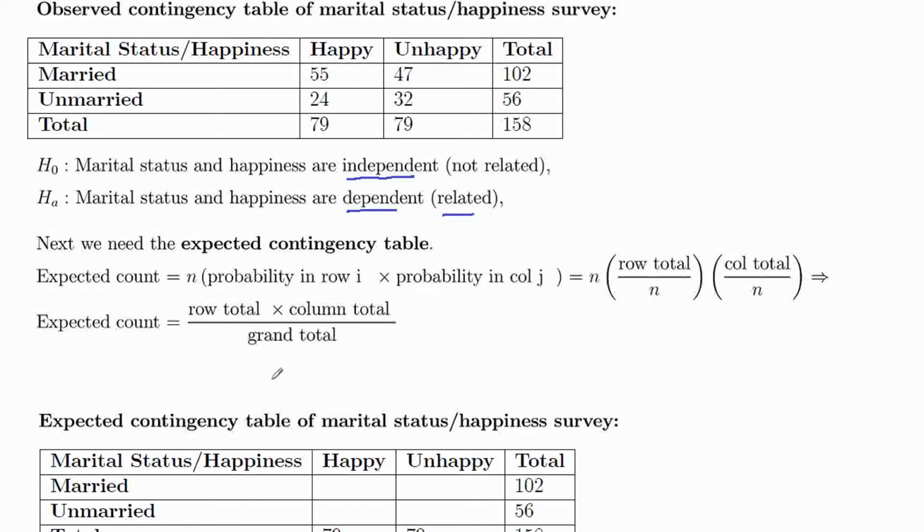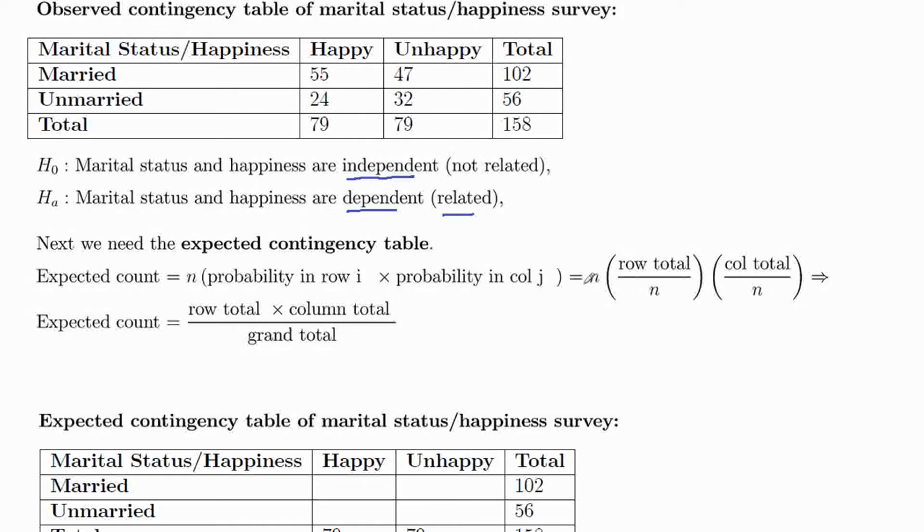Now we want to look at expected counts. So the definition of expected count is you take the sample size, multiply by the probability in row I times the probability in column J. So your probability is going to be desired out of totals. So you would do your row total divide by n, and then times your column total divide by n.